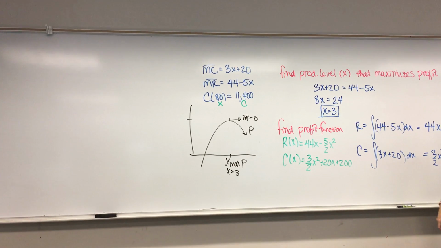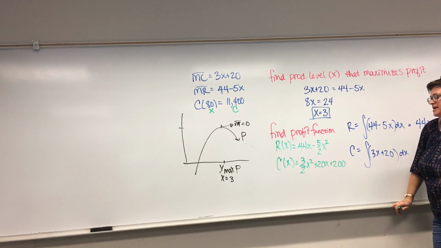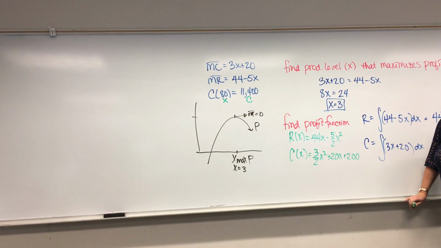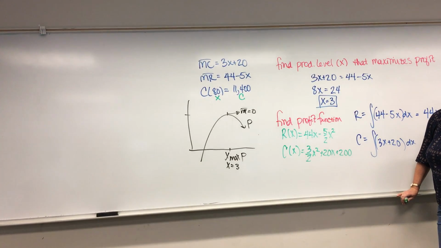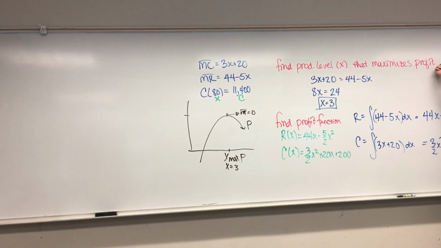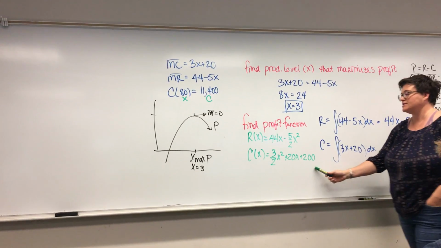Oh, okay, so it's gonna be negative 5 halves minus 3 halves. They have the same denominator. You're adding it, but you have the negative with it. You're not adding, you're subtracting. It's revenue minus cost, okay? So you're gonna be subtracting, so all the signs in your cost function are gonna change.